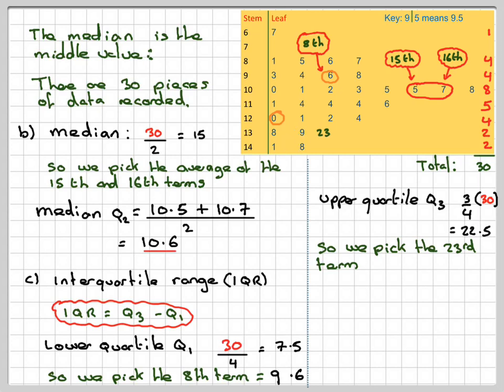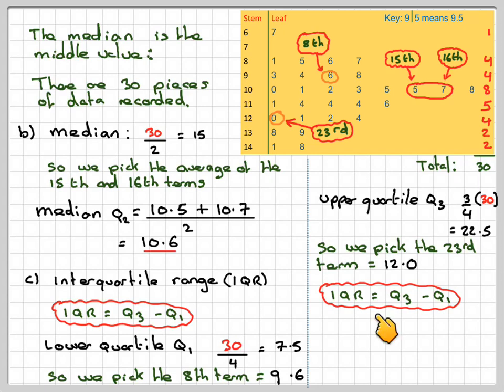That's another way of doing it, which is going to be 12.0. So the interquartile range will be Q3 minus Q1, which is 12 minus 9.6, which is equal to 2.4.